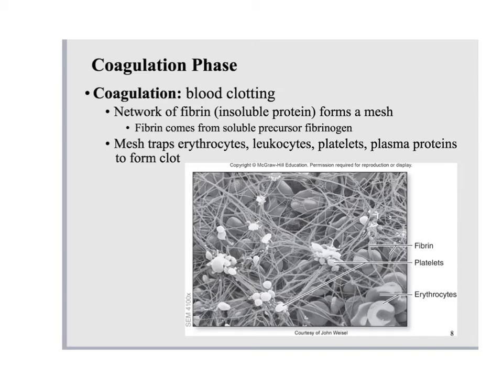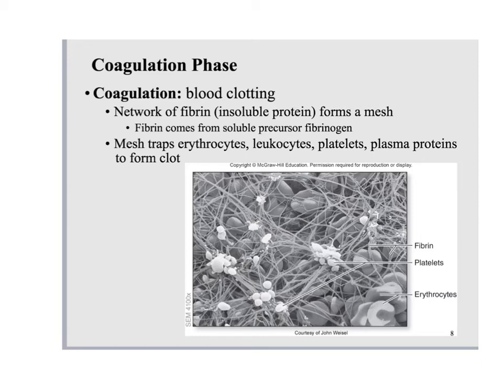Now, when we started blood, we said blood was what type of tissue? Connective tissue. It's a fluid or liquid connective tissue. What is connective tissue? All connective tissue has a couple characteristics that they share. What are they? Cells suspended in a matrix. So we have cells, white blood cells, red blood cells, suspended in a fluid matrix of plasma.